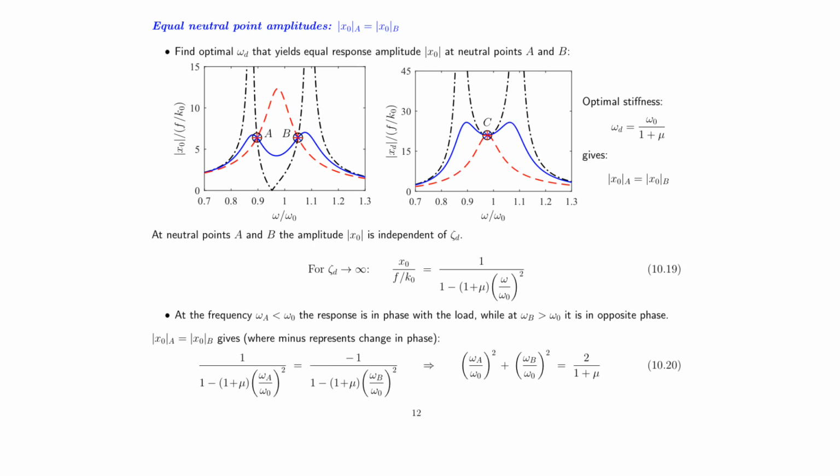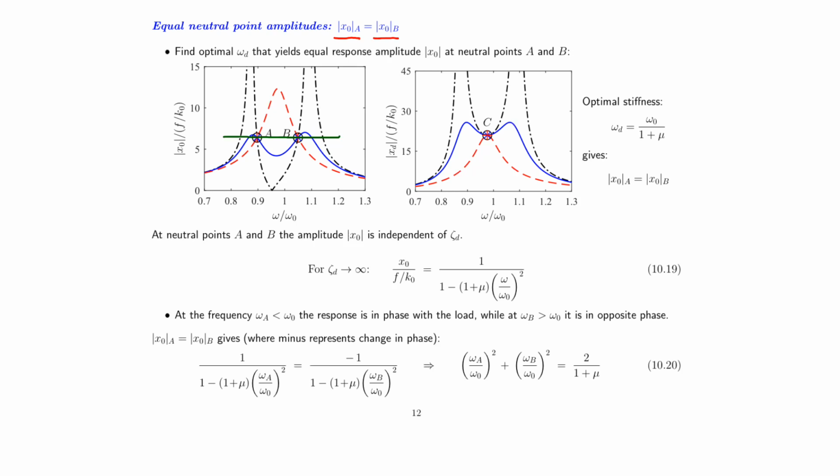So based on these neutral point frequencies, we have our first design condition. Make sure that the amplitude in A is equal to the amplitude in B, and that I have indicated in the bottom, in the left figure just below. So here you can see that I have chosen a parameter so that A and B are exactly at the same amplitude level.